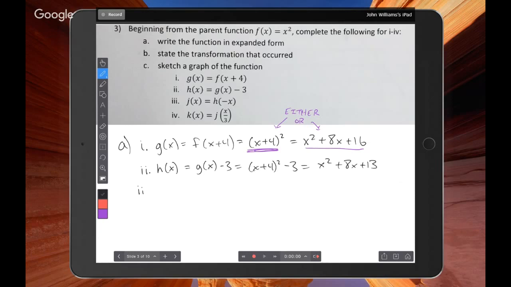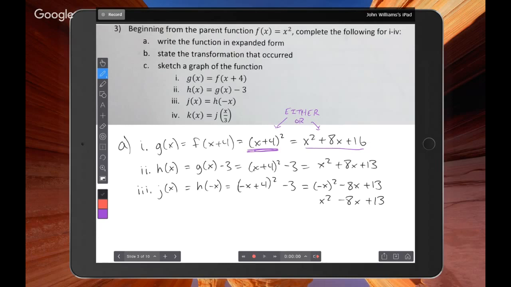Step 3 was j of x equal to h of negative x equals negative x plus 4 squared minus 3 equals x squared minus 8x plus 13. And when I square negative x, I really get x squared. Cool.